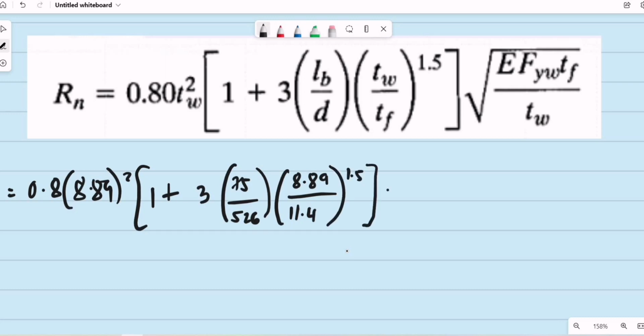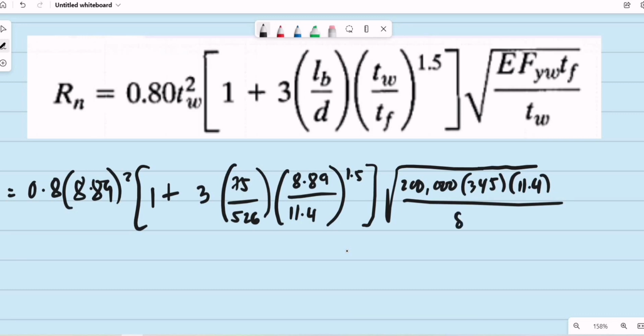Then multiplied by the square root of E, which is 200,000 megapascals for steel, times Fy, which is 345 megapascals, times the thickness of the flange, 11.4, divided by the thickness of the web, 8.89.